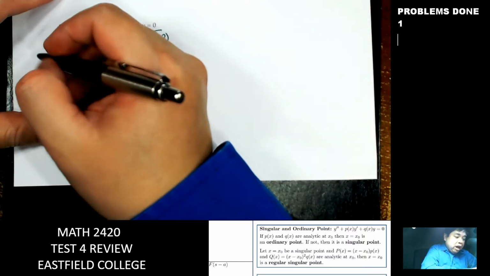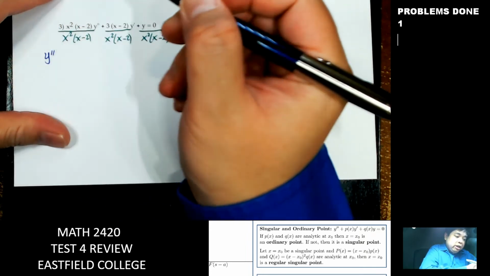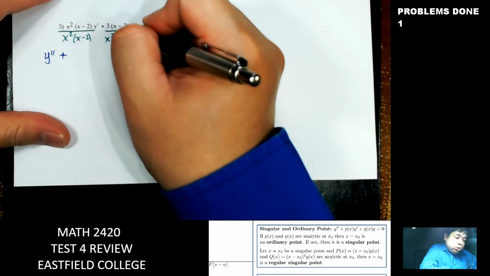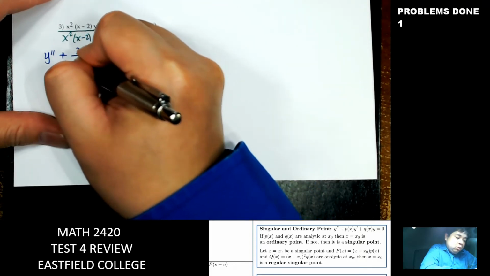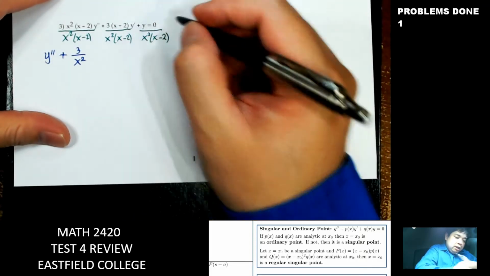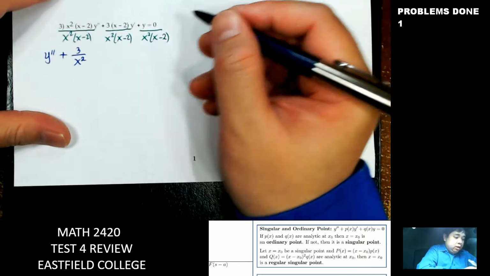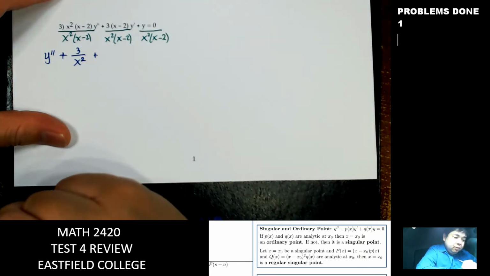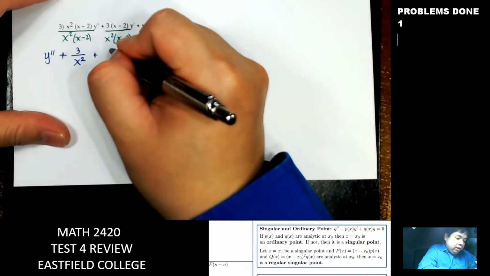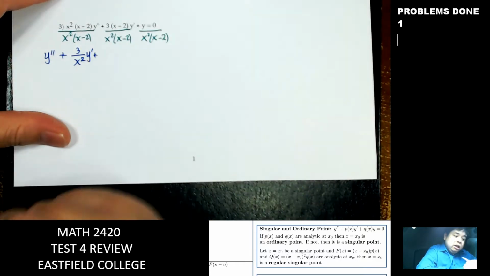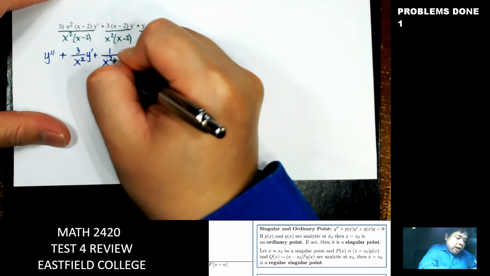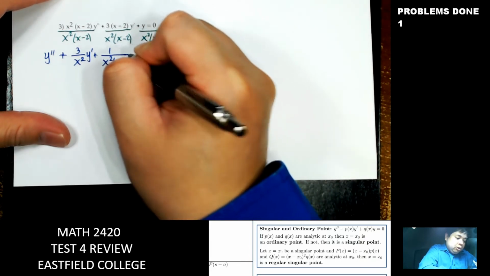So everything cancels out. We have second derivative plus, x minus 2 cancels out, will be 3 over x squared y prime, and there's nothing to cancel here, so we still have 1 over x squared times x minus 2 y.